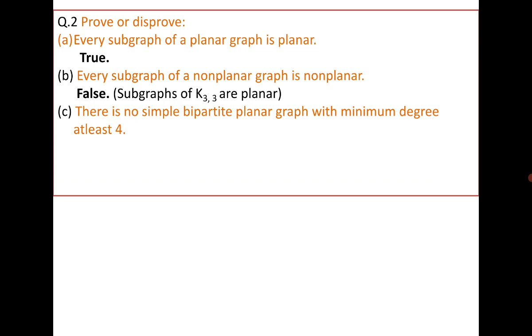Minimum degree at least 4 means that the degree sum is greater than or equal to 4n. But we know that for a planar bipartite graph, the number of edges is less than or equal to 2n minus 4, which means the degree sum is less than or equal to 4n minus 8.